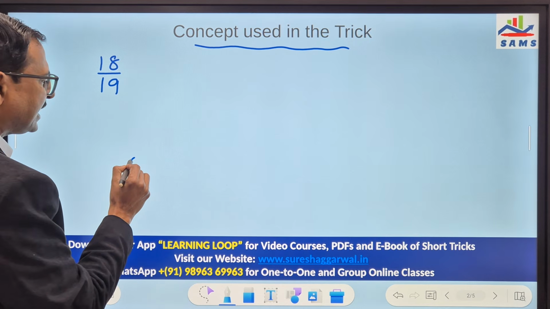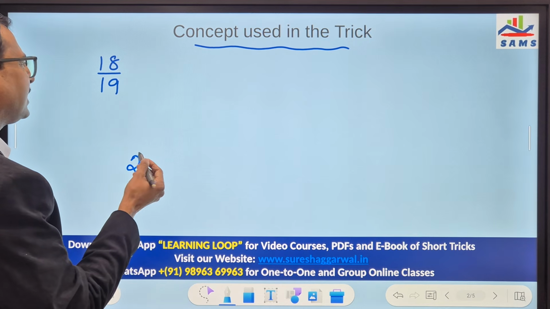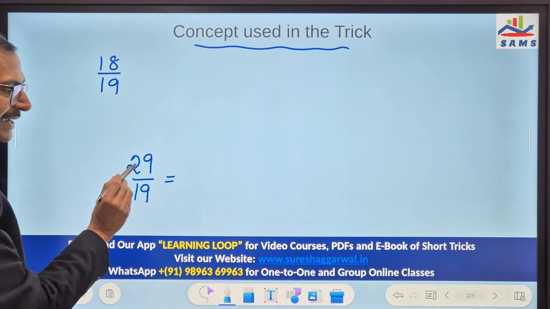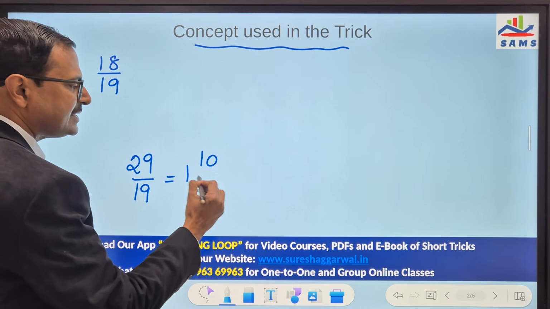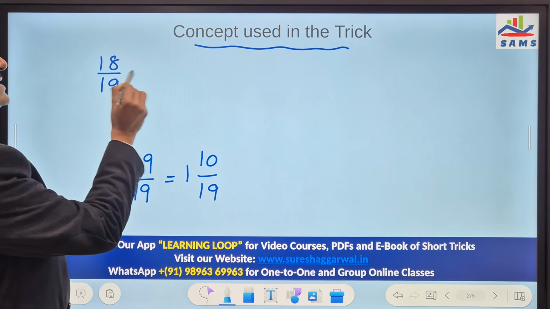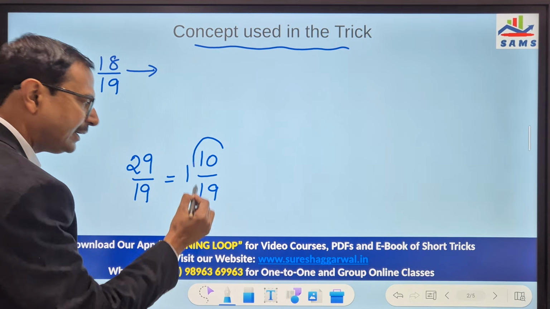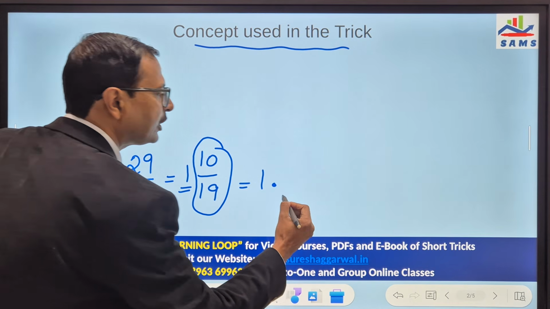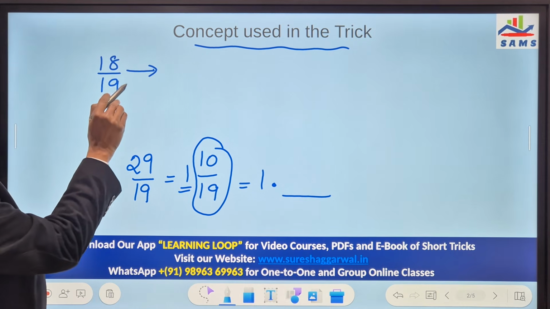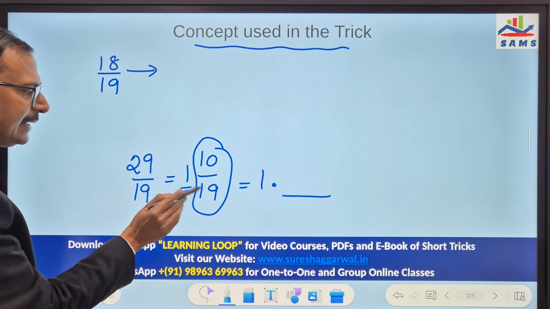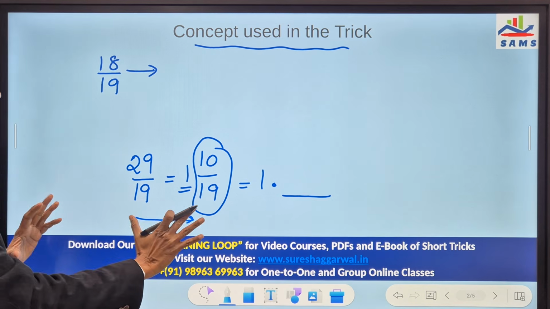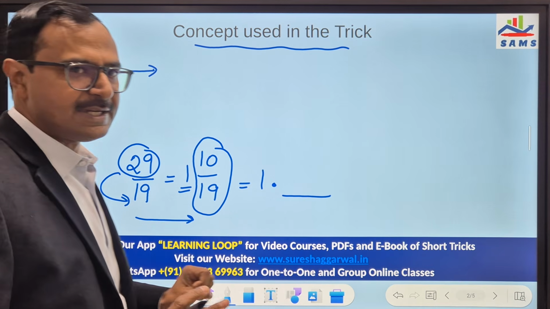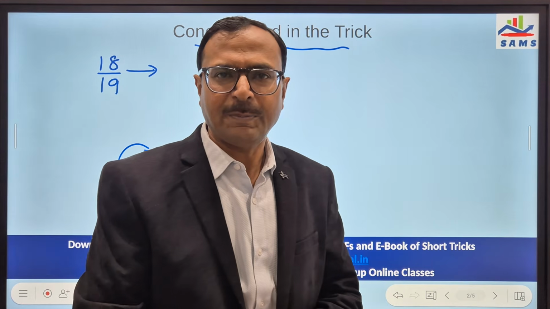But if the question is, let's take 29 upon 19, you will have to write this as 1 and 10 upon 19, and then follow these steps on 10 by 19, and your answer will be the whole number part 1 point whatever you get by following the steps on 10 by 19. So this is an extra thing if the numerator is greater than the denominator, that is 19. You need to remember that.